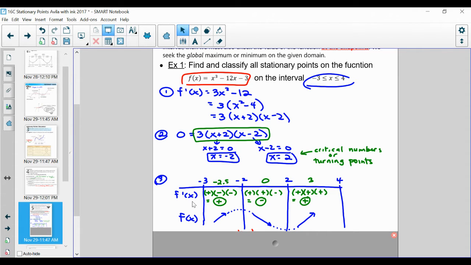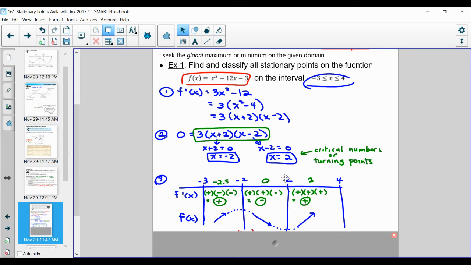I'm going to evaluate the value of the derivative. So I'm going to consider, what if I pick a value between -3 and -2? This is my sample value, -2.5. If I plug that into my derivative, I would have a positive times a negative times a negative. Altogether, those signs would give me a positive result, which would indicate that my function is increasing.